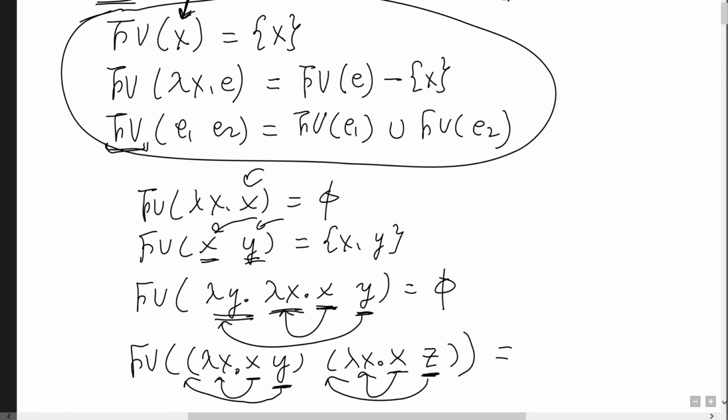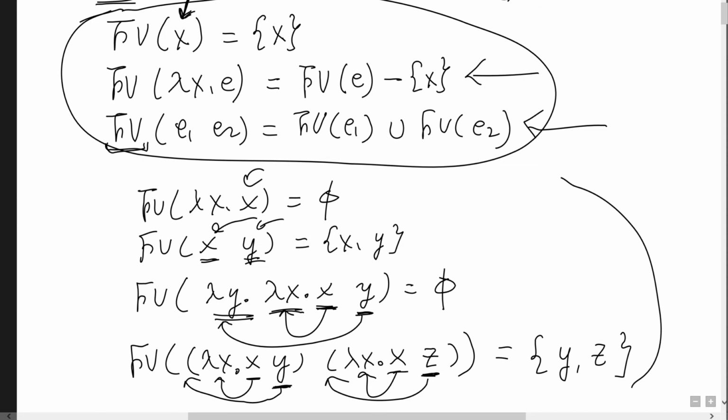So you first apply the third case in this recursive function, and then apply the second case, and eventually you will obtain the set of y and z. So these are examples of calculating the set of free variables.